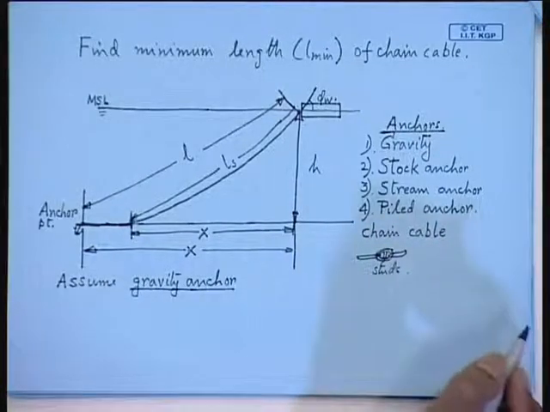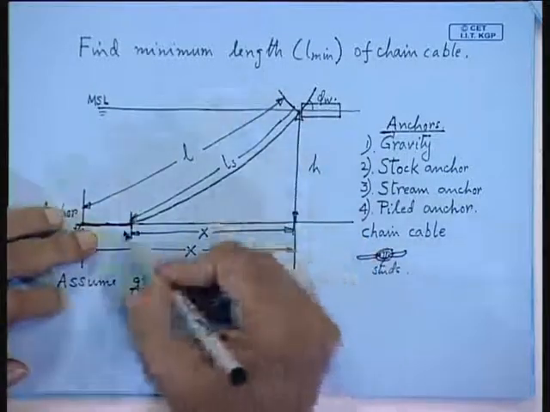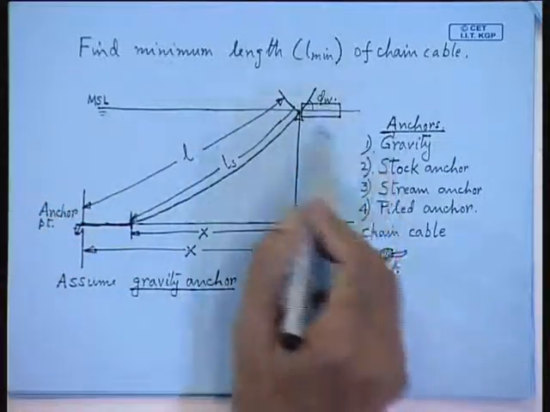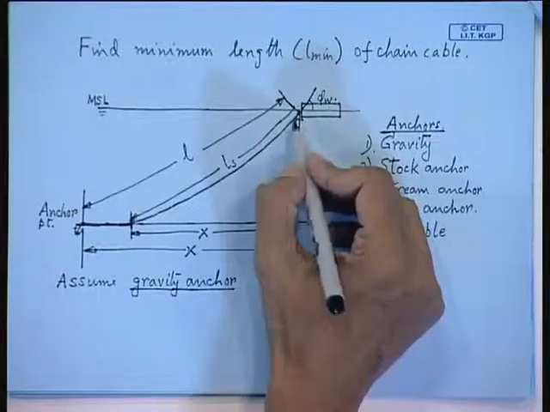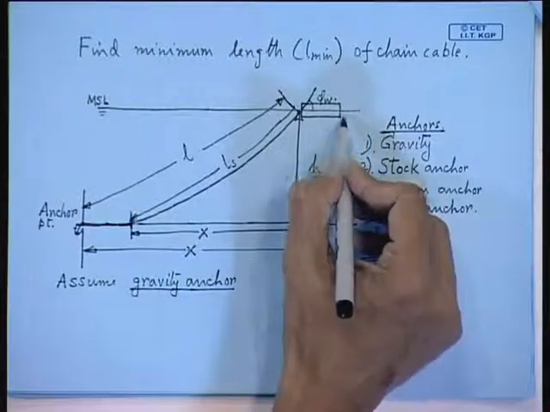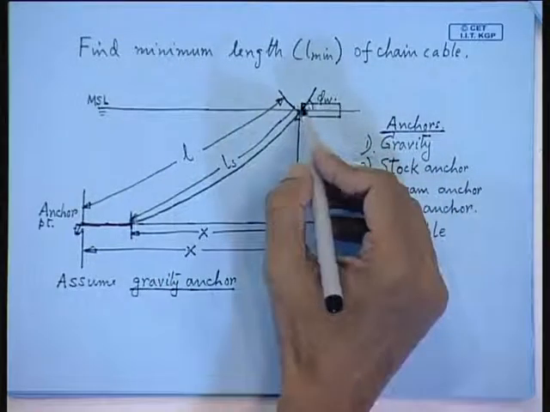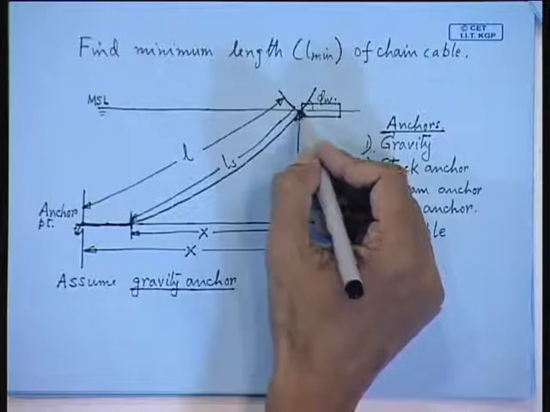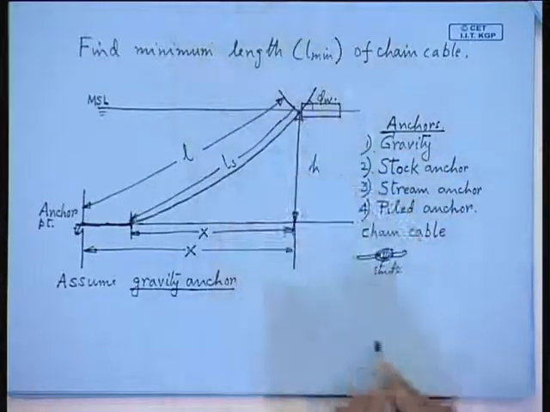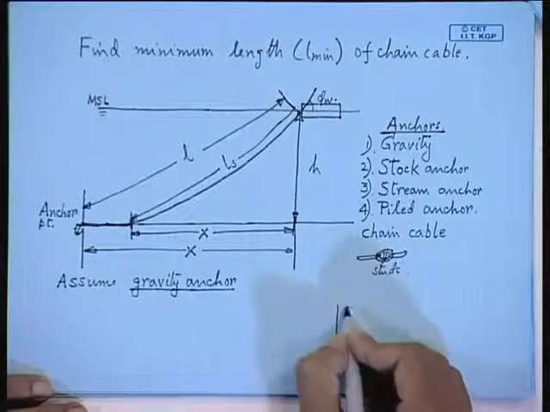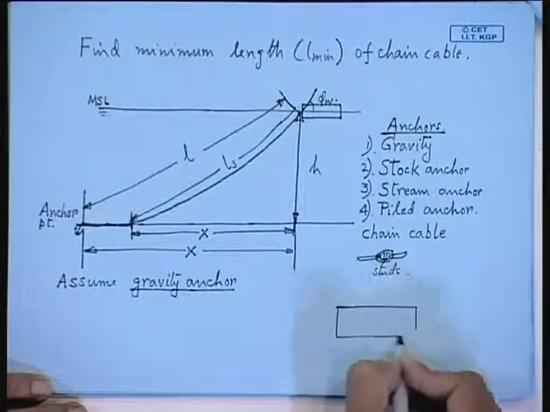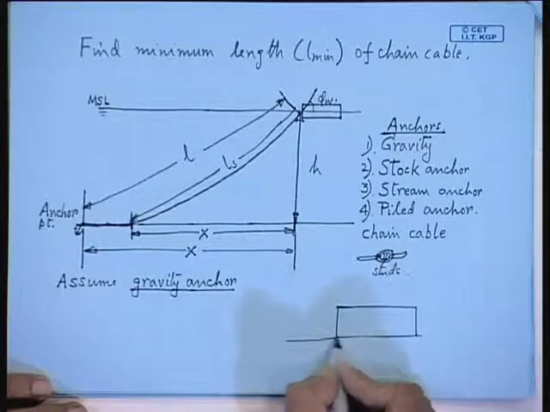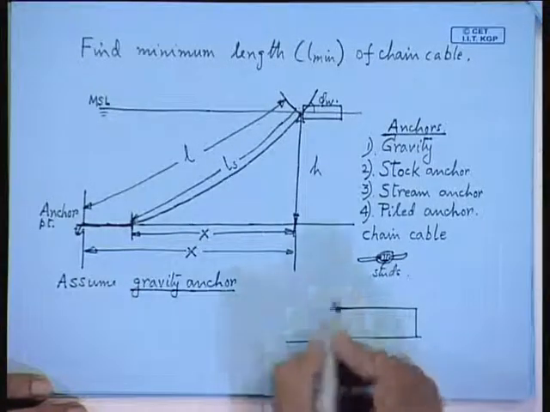Now mooring systems, if you want to analyze, there is not just one simple catenary chain. Normally ships and offshore platforms are not moored by one chain cable. You have another chain cable out here, or you may have as many as 3 chain cables on one corner of the semi-submersible, one in this direction, the other in this direction and this direction.